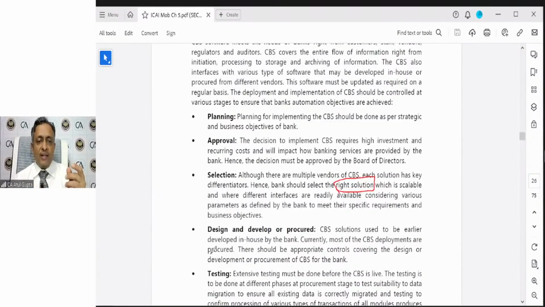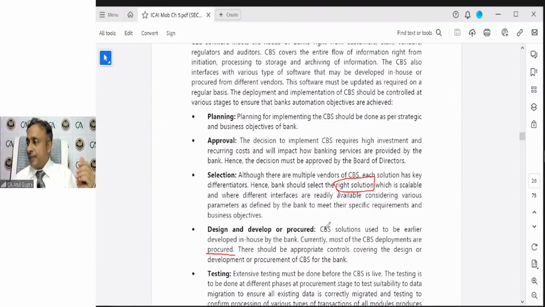So the word that you're learning here is procured. See the size of it and the updates that you need to do, so that can be done better by a dedicated developer who is catering to that idea only. So procurement is you buy a ready-made product available and then configure and customize it as per your own need.